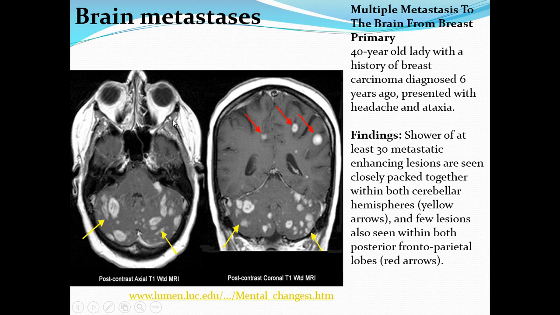But you can see multiple lesions, usually in the posterior fossa, that is infratentorial, and usually they are at the gray-white matter junction. This is the gray matter and white matter junction, and the edema is out of proportion. So you can see the metastasis also in the brain by the CT brain or MR brain. Thank you.